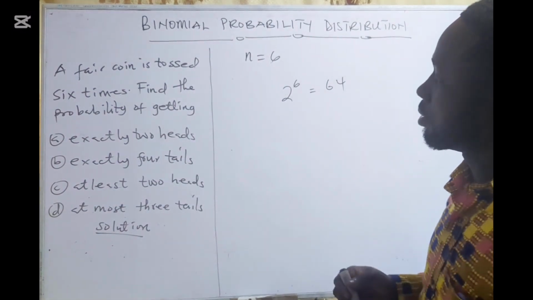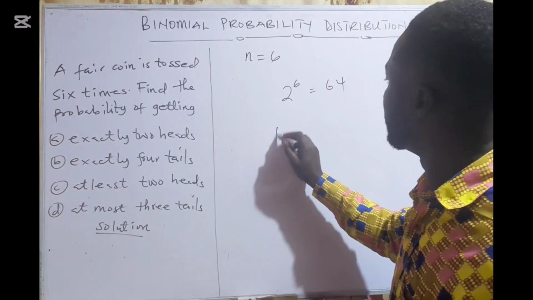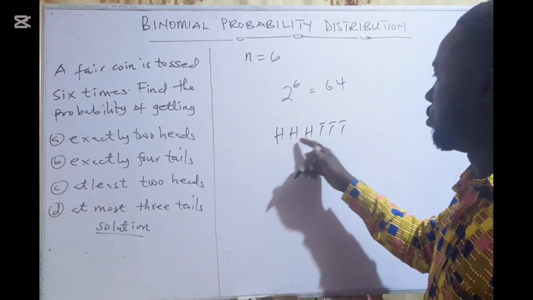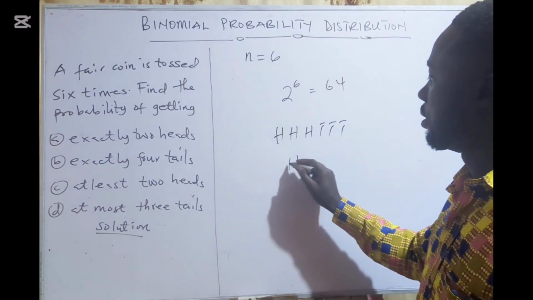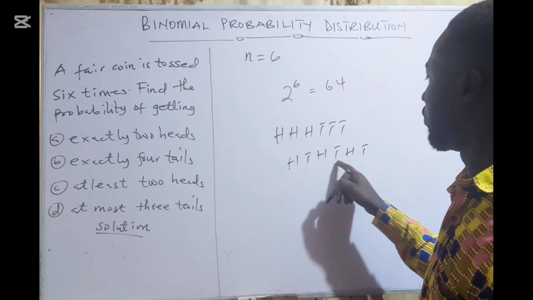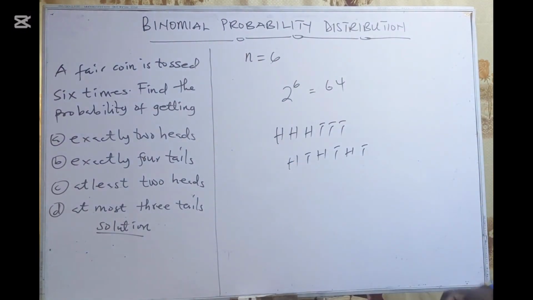Okay. So the question is asking us exactly 2 heads, exactly 4 tails. So if the coin is tossed, this can be some of your possible outcomes. Maybe head, tail, tail. You see, 1, 2, 3, 4, 5, 6. Some can even be like this. I want you to know what we are dealing with. Okay, these are some of your possible outcomes.